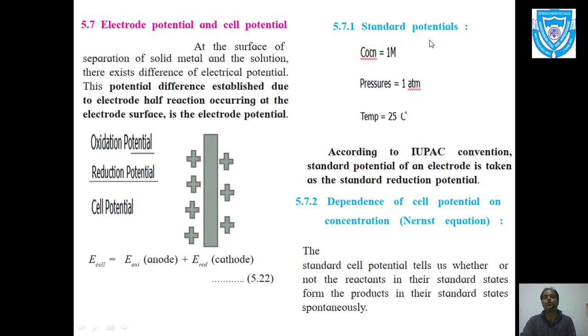If we consider both the reactions, that is reduction and oxidation, with the oxidation potential at standard condition and reduction potential at standard condition, then automatically we will get a cell potential at the standard condition, and these are the requirements. Concentration should be 1 molar, pressure should be 1 atmosphere, and temperature should be 25 degrees Celsius.